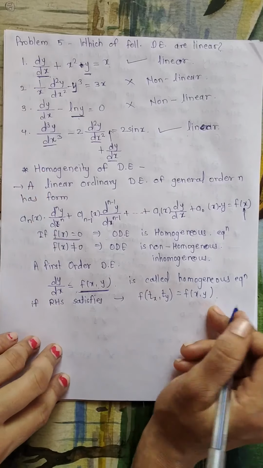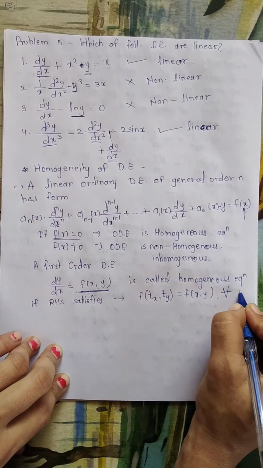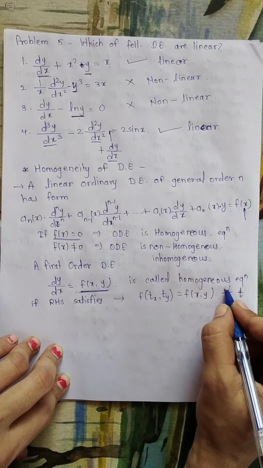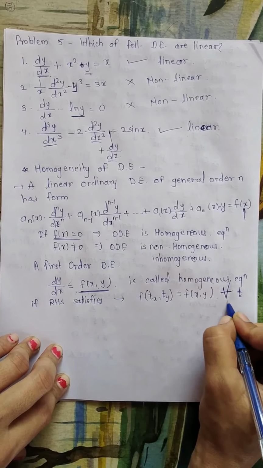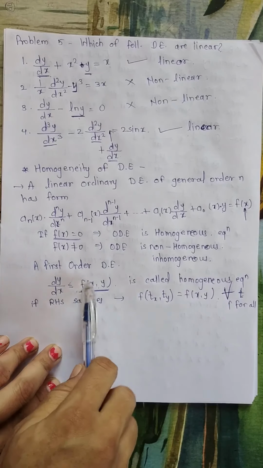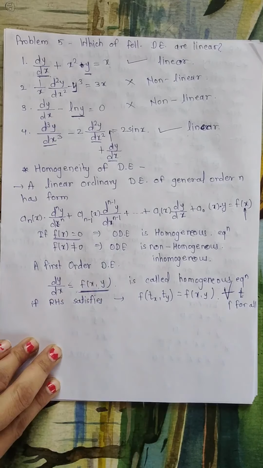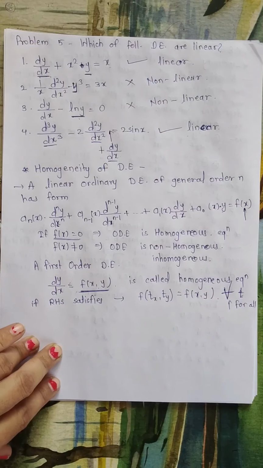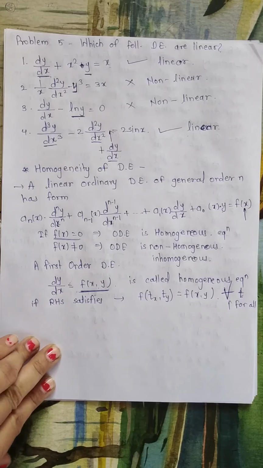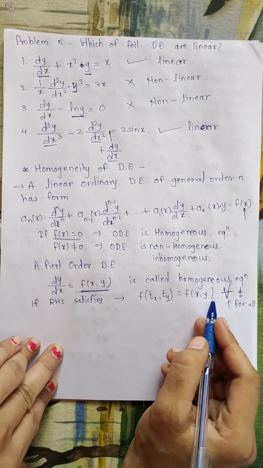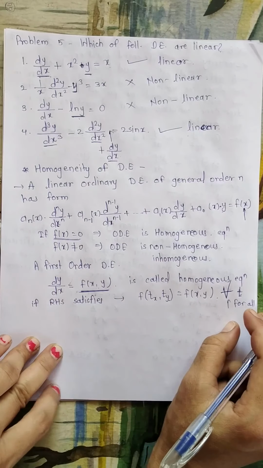When this condition is satisfied for all t, where this symbol means for all, then the first order differential equation dy/dx = f(x,y) is said to be homogeneous.